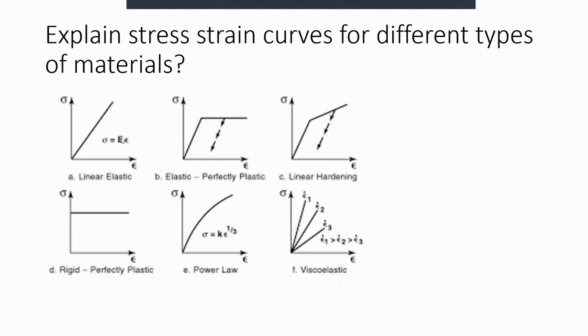So that is the difference between these two points. This is a material which behaves proportionally, in which the stress is proportional to strain, and after that the material fails. Then we have the elastic perfectly plastic material, in which we have the elastic limit, but after that the plastic region is there. Now, what are these downward arrows being shown?